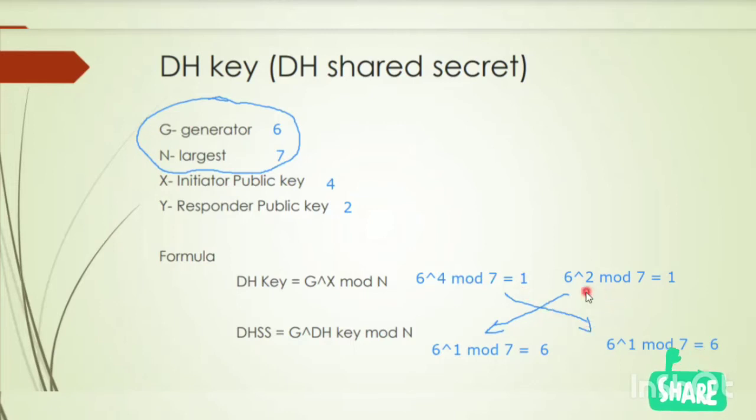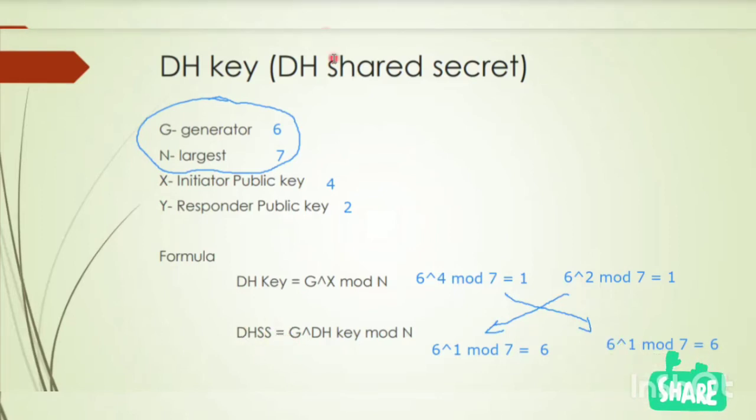Then the responder sends the fourth packet, which contains the DH key calculated by the responder and a nonce. Now they have shared the DH keys, then they will calculate the DH shared secret.